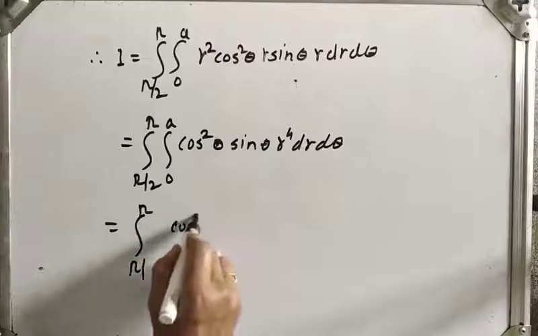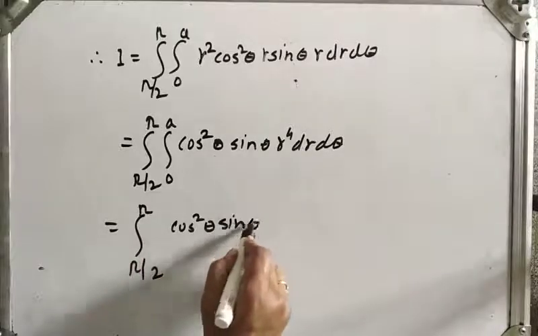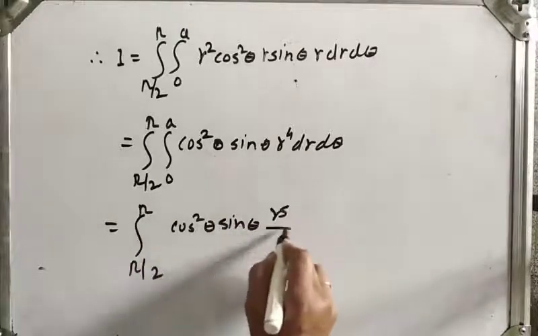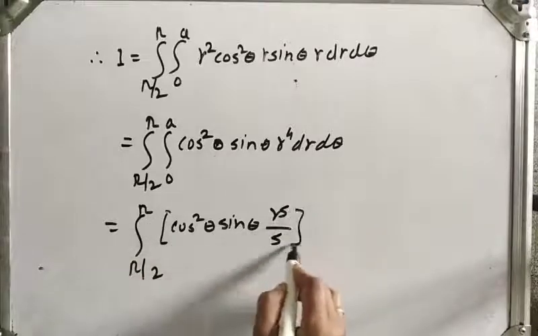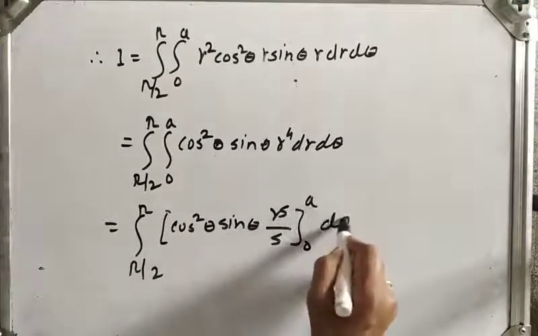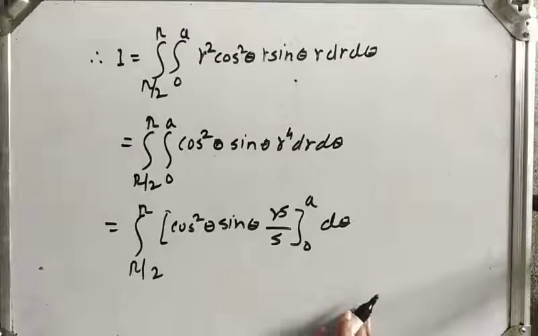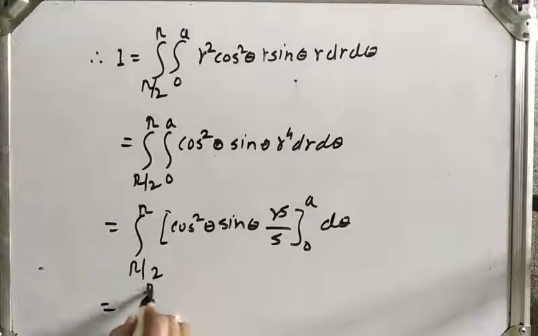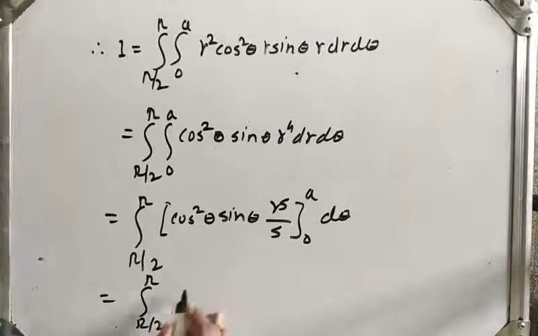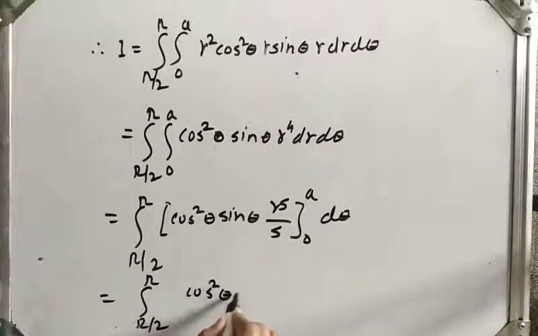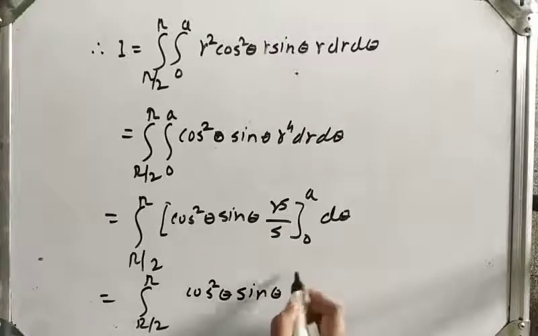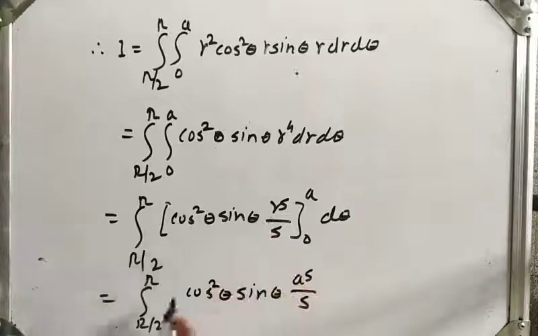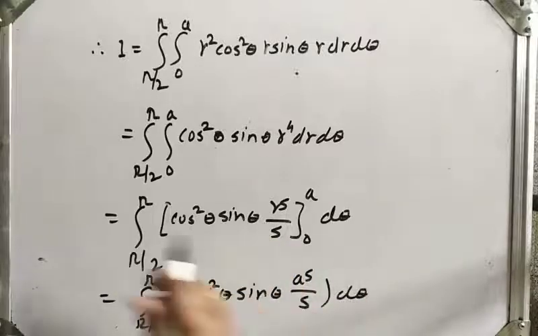Cos square theta sin theta is constant, and the integration of r raised to 4 is r raised to 5 upon 5 with limits 0 to a d theta. Now let us apply limits: cos square theta sin theta, a raised to 5 upon 5, minus the lower limit 0, d theta.